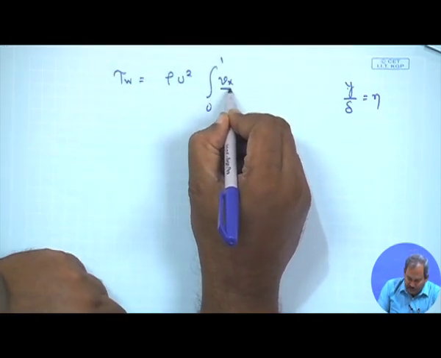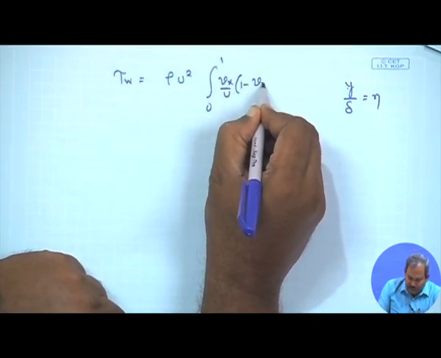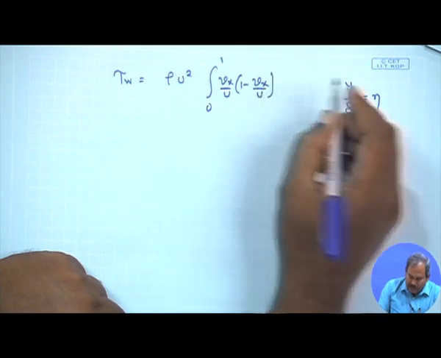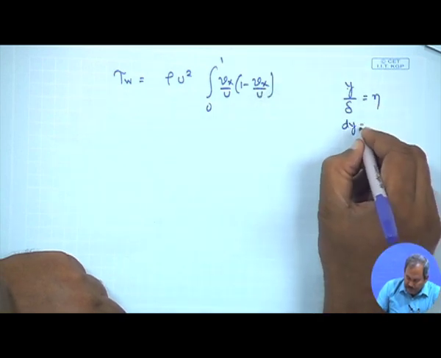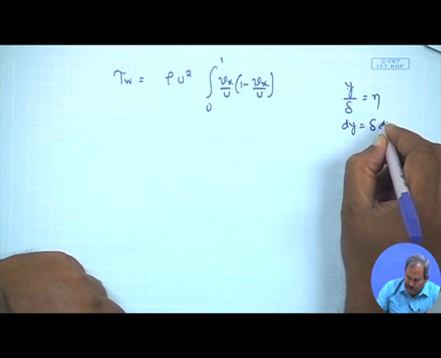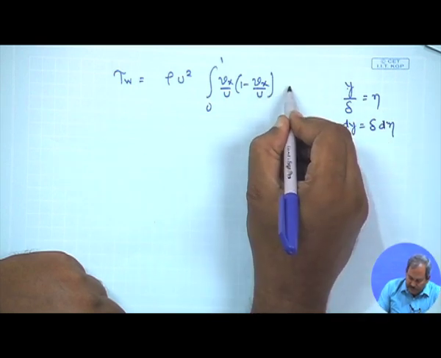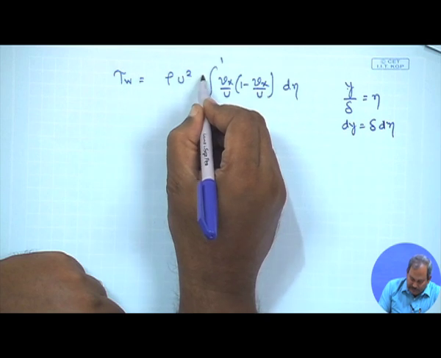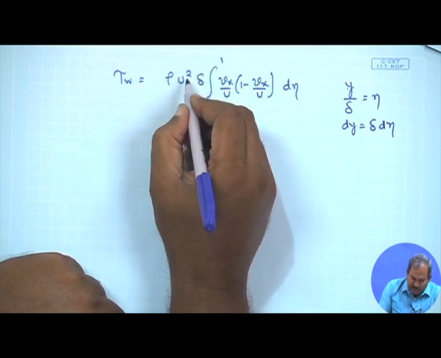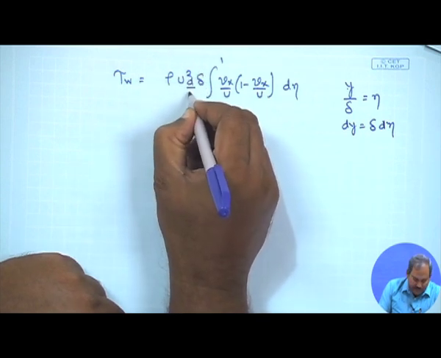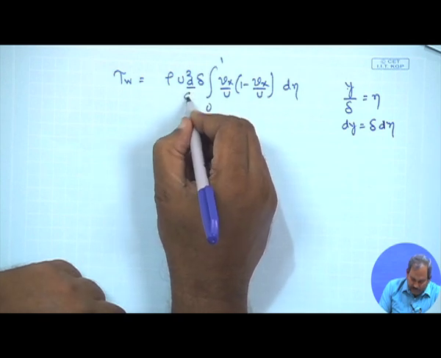The Vx by u will remain unchanged, 1 minus Vx by u, and from dy it would simply be d eta, and I bring the delta outside where I have the d dx as well.